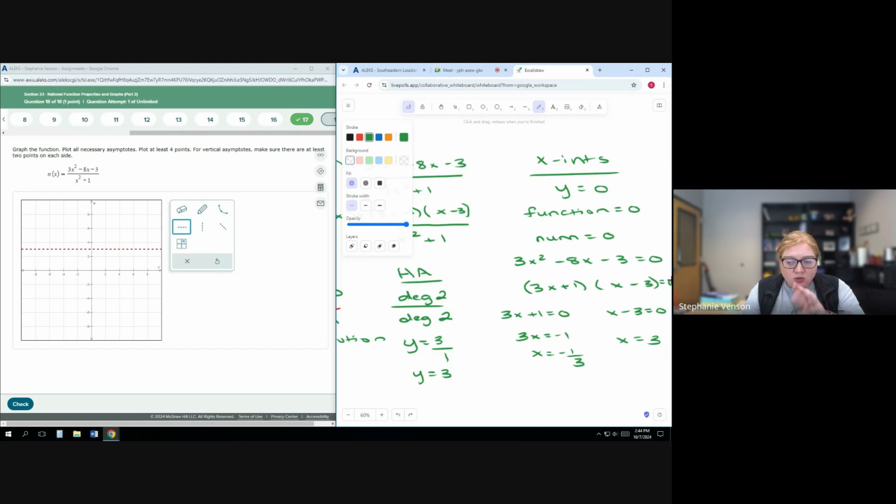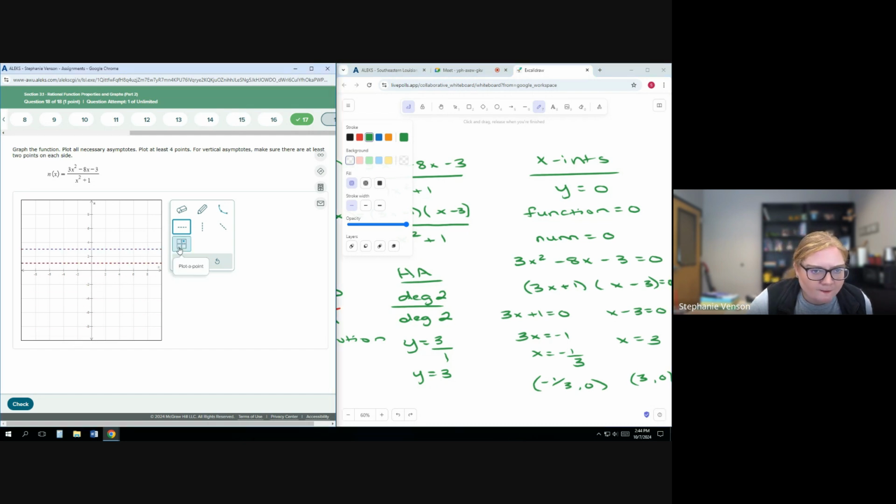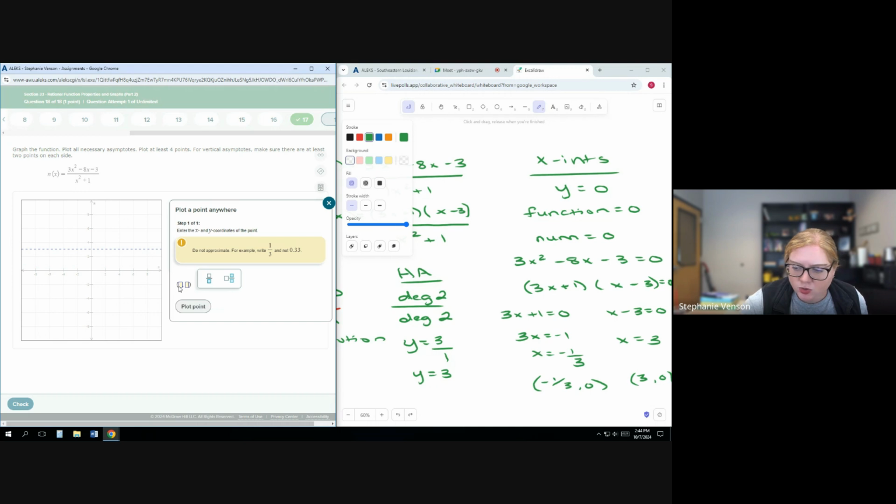So I can tell you that our first 2 points are -1/3, 0, and also 3, 0. So let's go ahead and plot those two. Okay, so -1/3, 0, plot point, and then also 3, 0, plot point.